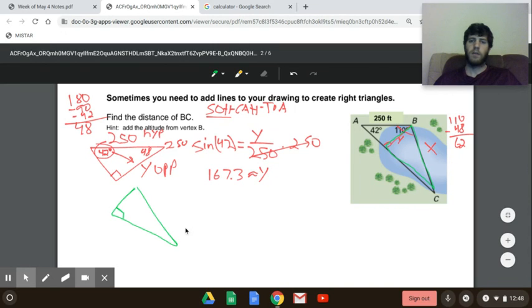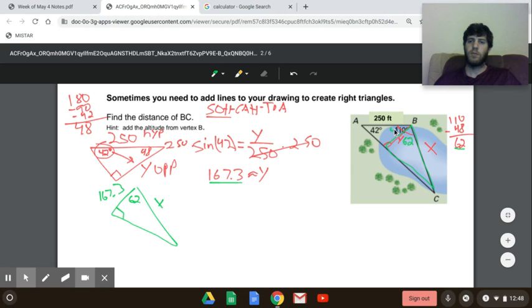We want to find X here, which is BC. The altitude we solved already was 167.3. So this is 167.3. Okay. And then we just solved here that this angle is going to be 62. So this angle here is going to be 62 degrees.